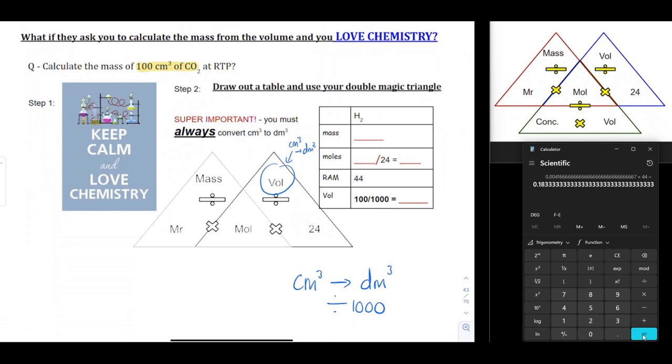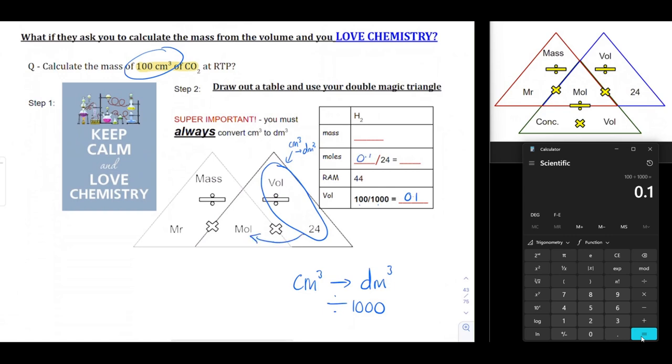In this case, the first thing I do is convert my centimeters cubed to decimeters cubed by doing 100 over 1,000, which gives me 0.1. Then I've got my volume in decimeters cubed. If I divide my volume by 24, I get my moles.